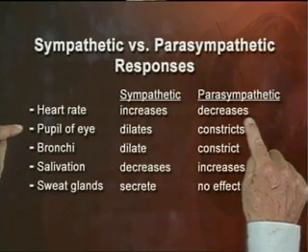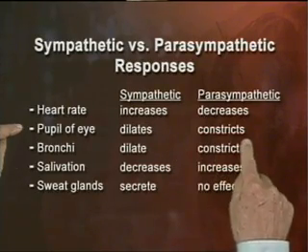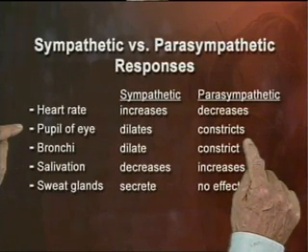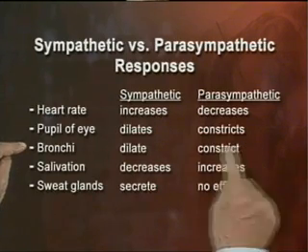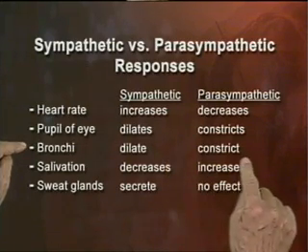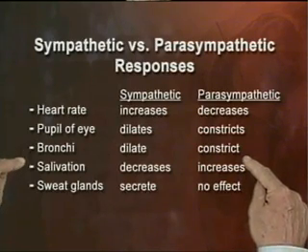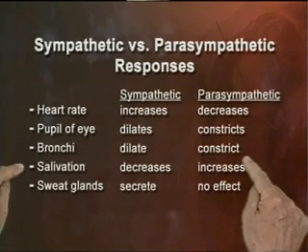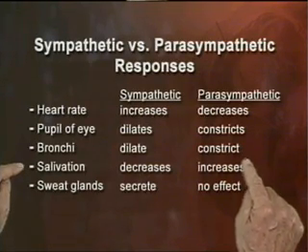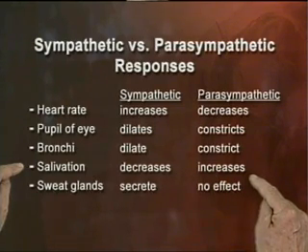Under sympathetic stimulation, the pupil dilates, gets bigger, and under parasympathetic stimulation, it constricts or gets smaller. The bronchial passageways, the air-conducting passageways, dilate in response to sympathetic stimulation, and the bronchi constrict in response to parasympathetic stimulation. We mentioned how salivation is inhibited or decreased by sympathetic stimulation; it increases under parasympathetic stimulation.